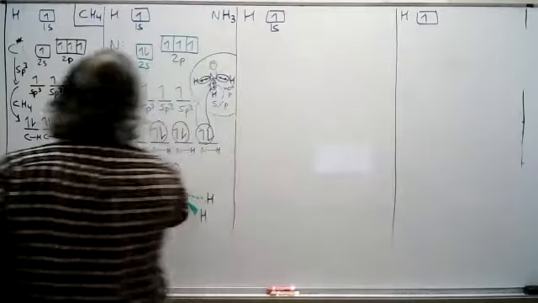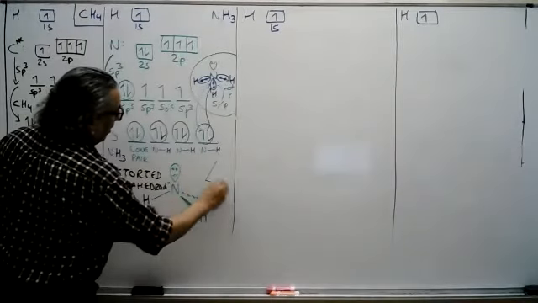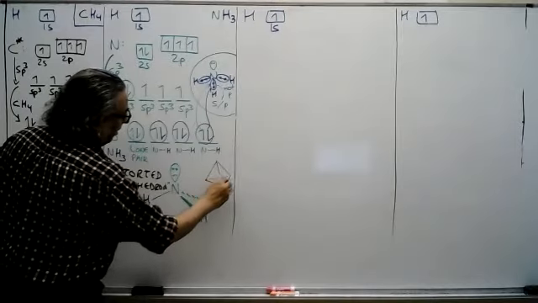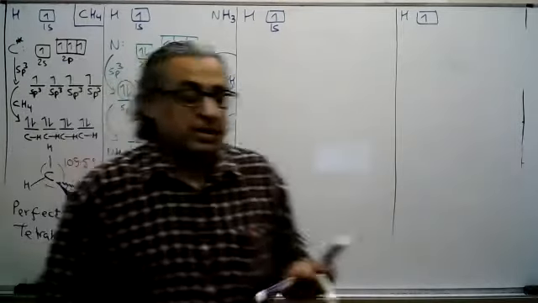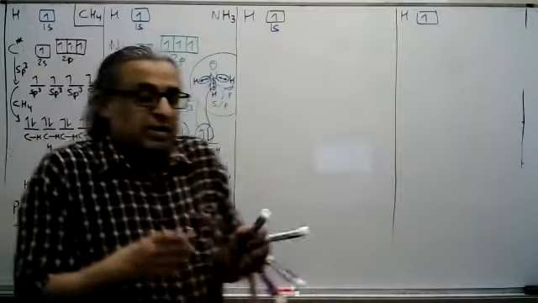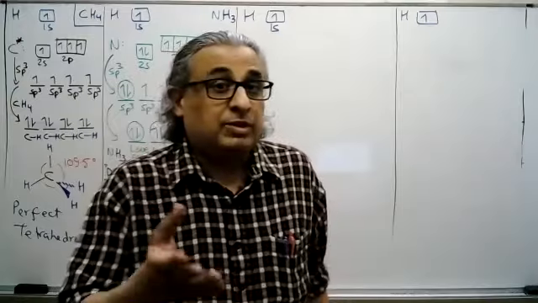If you ignore the lone pair, what does it look like? You see them in a country called Egypt, in the middle of the desert. Pyramid? Pyramid. What kind of pyramid? Is it a three-pointed triangle, or does it have a name?